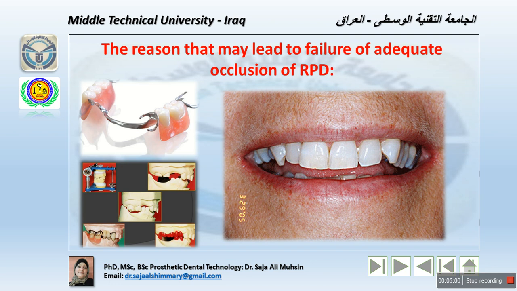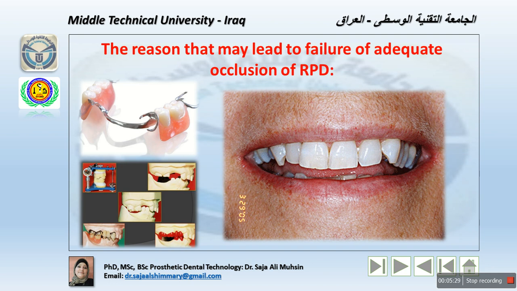Also, the falsity of the established occlusion due to a single static jaw relation record. That means during the recording of the jaw relation, the vertical and the horizontal, sometimes in a patient with few missing teeth, there is a falsity in establishing occlusion in a static jaw record.